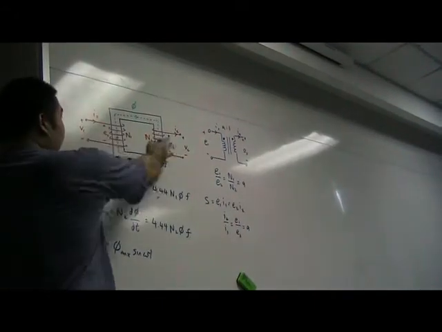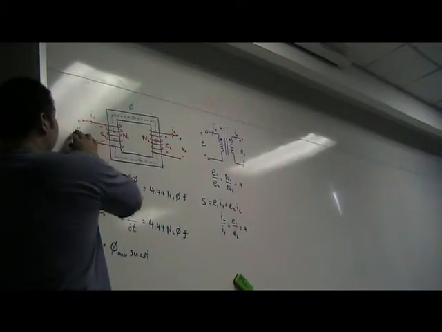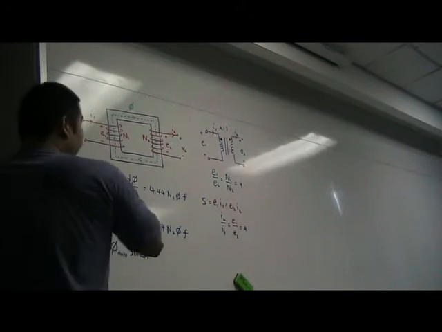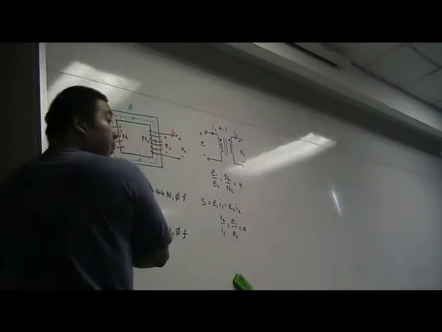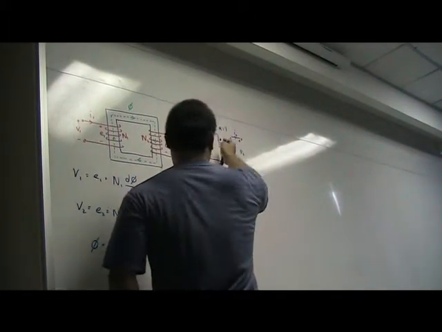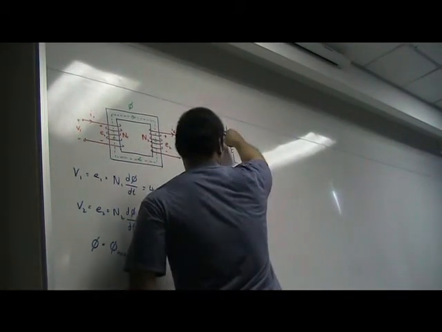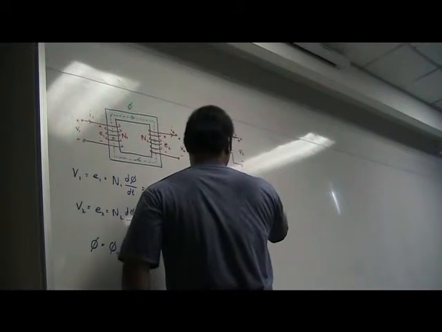Now this one is an ideal transformer, so the coils have no resistances. Therefore, V1 will equal E1, and V2 will equal E2. The schematic for the ideal transformer is given by this. This one is the primary side, this one is the secondary side. a is the turns ratio given by N1 over N2.